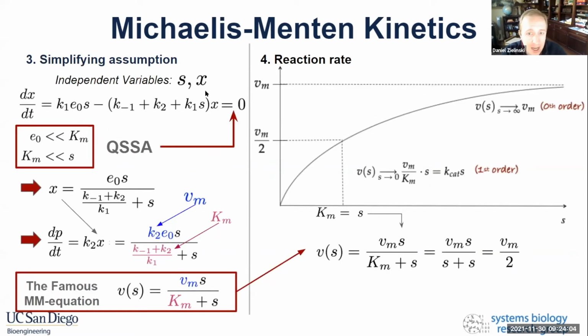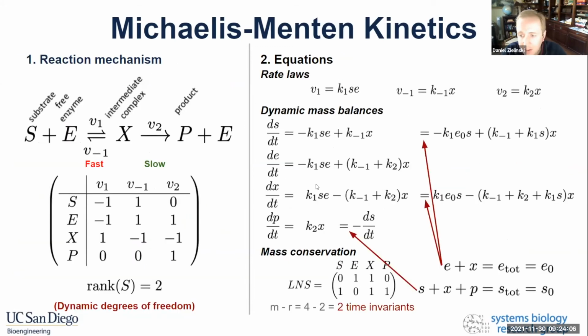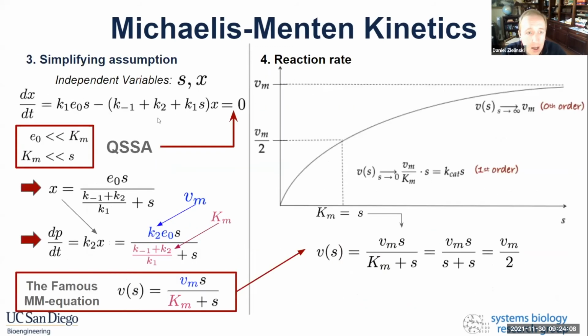So now we have our dynamic mass balance again for this complex, which is the same as there, but now with our enzyme total subbed in. And once we sub that in, we solve it at steady state. So we set dX/dt equal to 0, and we solve for X. So now X equals, you can just solve it out here, E naught S over this.